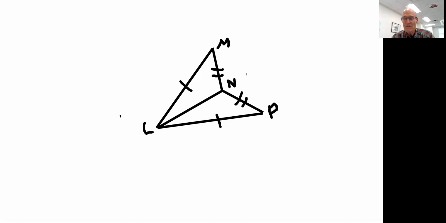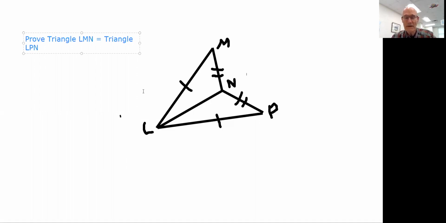What I have to do is prove that triangle LMN is congruent, and I'll put the congruent sign, to triangle LPN.